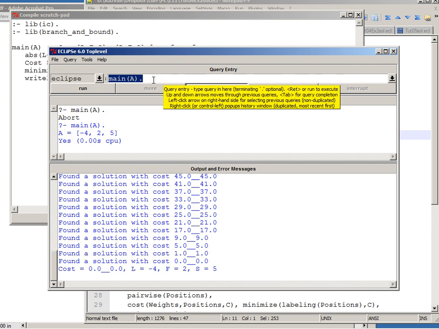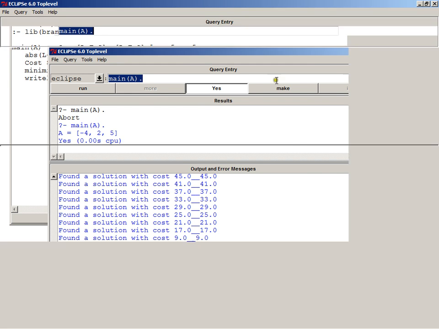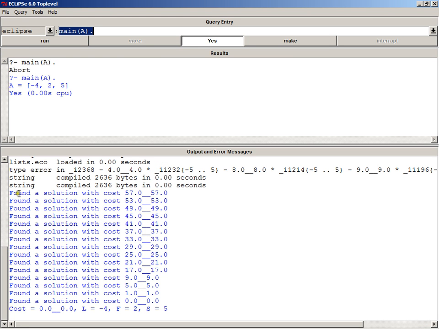And now we call main A, and we get a solution, and we see the process of finding a solution right here. The program starts and first finds a solution with a cost of 57. This problem is underspecified. It has multiple solutions. If it weren't for the minimization, we could find many solutions, because the only constraint is what?